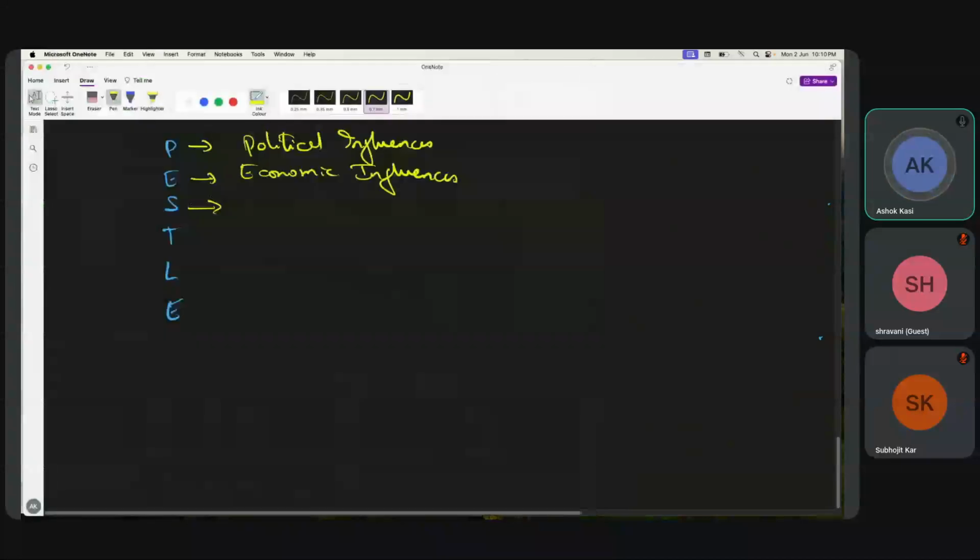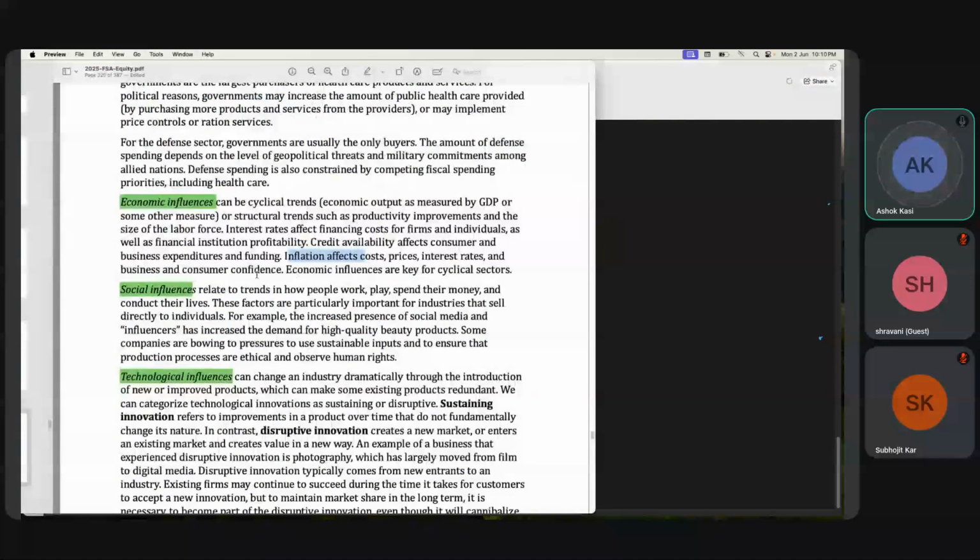Then, so first one is how much politics affects the company. Then economic influences. Then social influences. So social influences, the increased presence of social media and influences have increased the demand for high quality beauty products. So if it is a beauty product, social influences will be there, right?